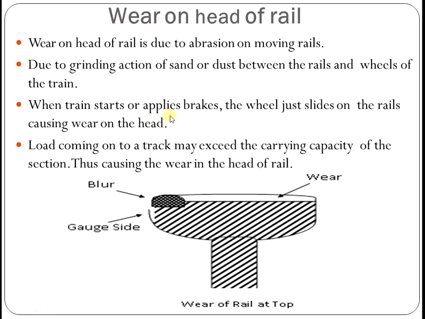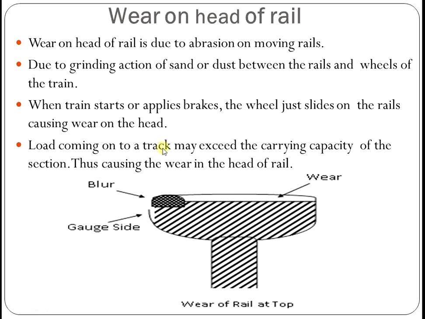When the train starts or applies the brakes, the wheel just slides on these rails, causing wear on the head. This is another cause. When the station is nearing, the loco pilot applies the brake, and at the time of braking there is a possibility of wearing on the head rail.